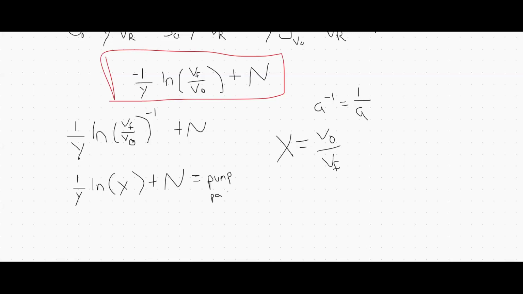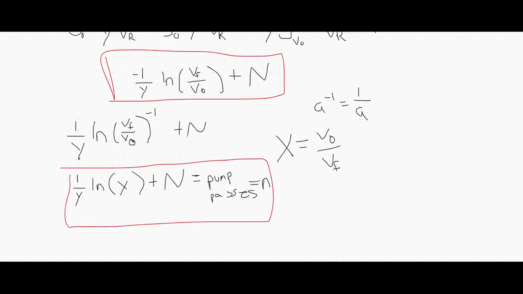It's so hard to write with this mouse. Pump passes, and that's also equal to the little n. Yeah, so I'm going to circle this. I'll put a little 2 here. This is the second way you can calculate your number of pump passes.